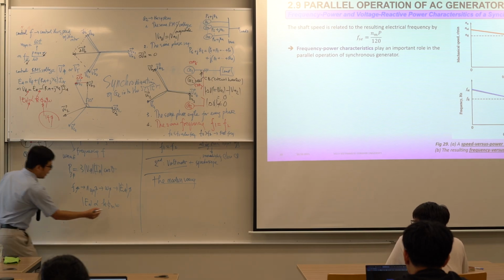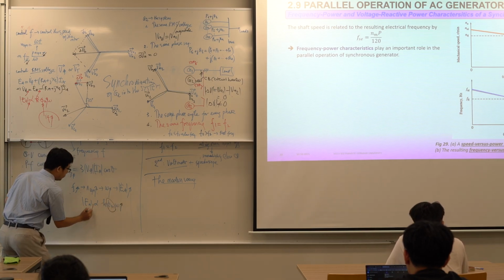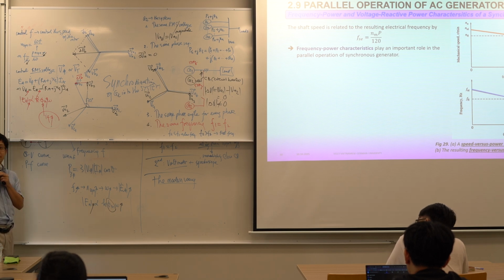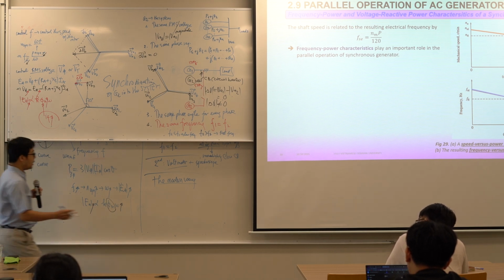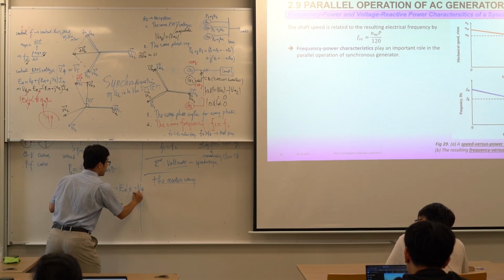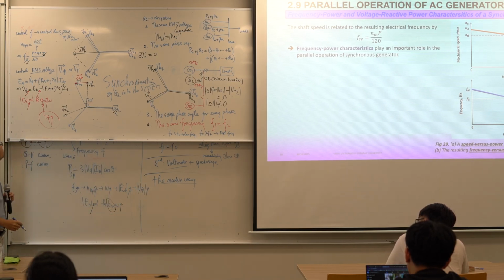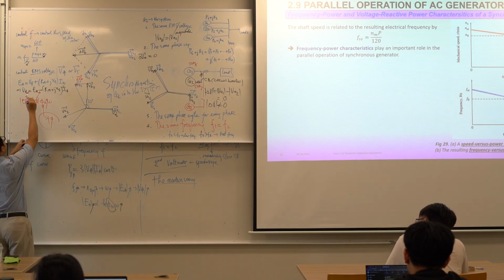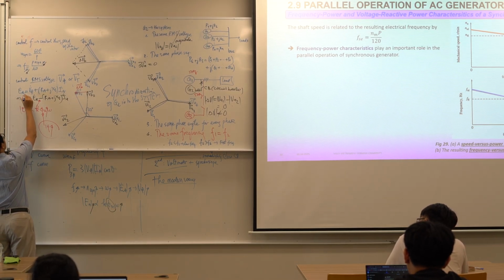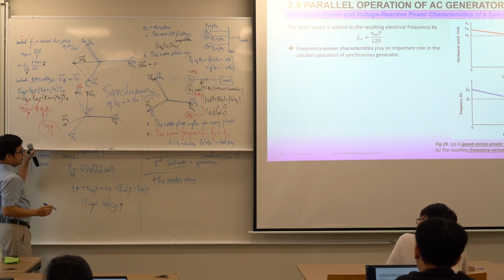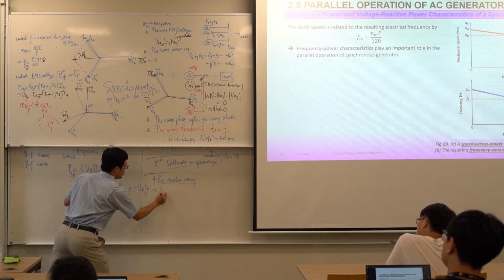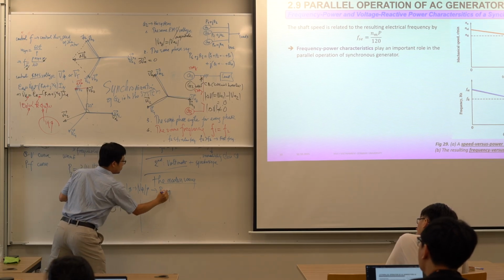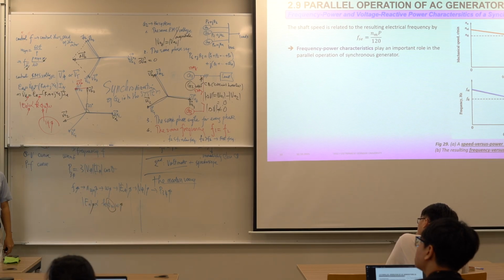We assume phi M is constant, so when we increase omega, that means we increase EA. We increase EA, that means we increase V phase. We increase V phase, that means we increase P three-phase. Are you with me?